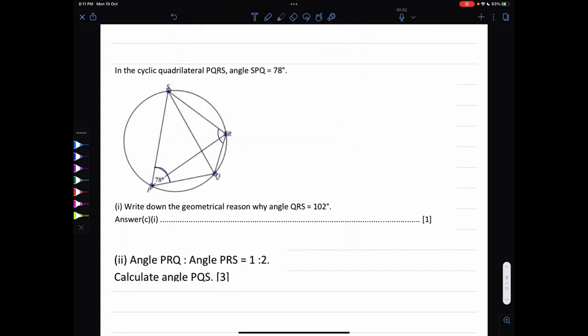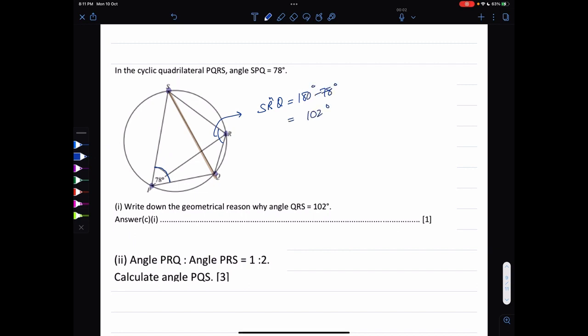Now if you consider SQ as your chord, then the angles SPQ and SRQ are the angles in the alternate segments and they must add up to 180. So if this angle is 78, this angle SRQ is going to be 180 minus 78 degrees, that is 102 degrees.